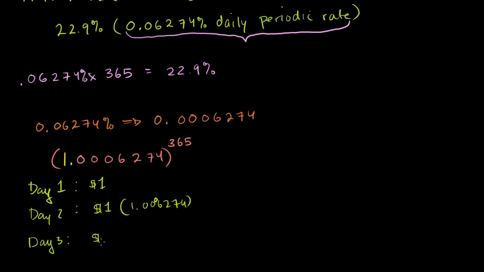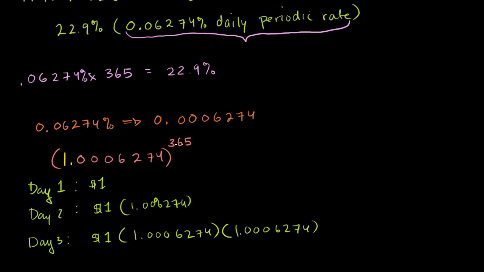On day 3, it'll be $1, which is the initial amount I borrowed, times 1.0006274, and then I have to pay that much interest on this whole thing again, so I'm compounding 1.0006274. As you can see, if I keep the balance for 2 days, I'm raising this to the second power. If I'm multiplying it by itself, I'm squaring it. So if I keep that balance for 365 days, I have to raise it to the 365th power.